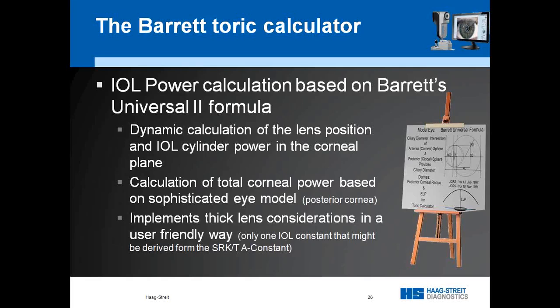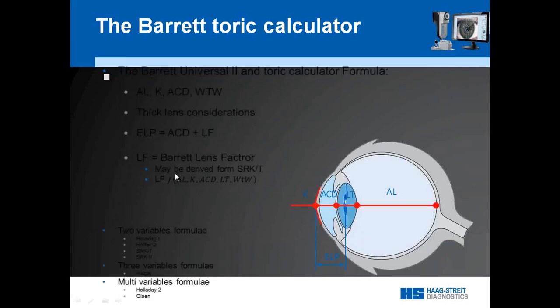And last but not least, he's using thick lens considerations, so if you have a very low power IOL, he takes into account that usually the design switches from a biconvex lens design to a meniscus design. Okay, let's go a little bit more in depth.